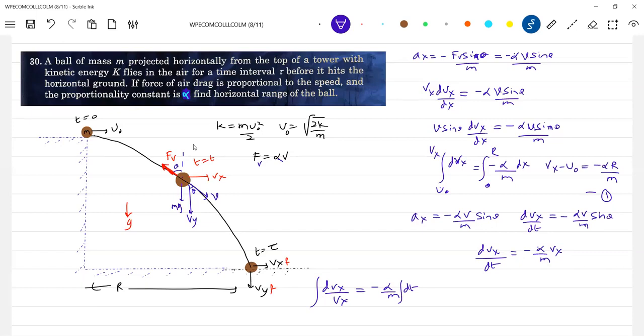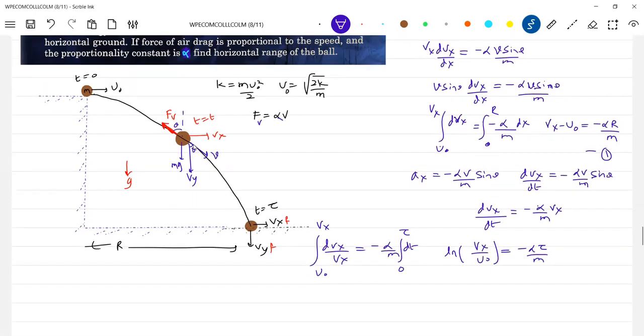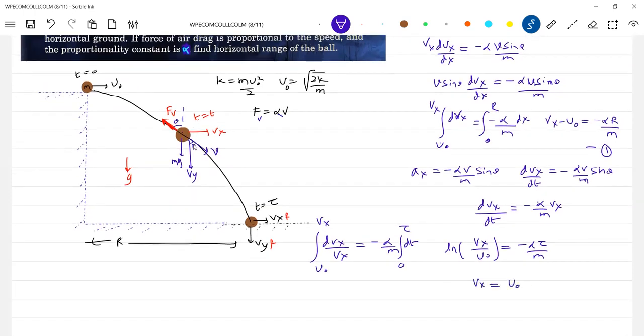Initial velocity of the particle is u naught, finally it is vx only, over time tau. So this will become log of vx by u naught equals minus alpha tau by m. Or vx equals u naught e to the power of minus alpha tau by m.